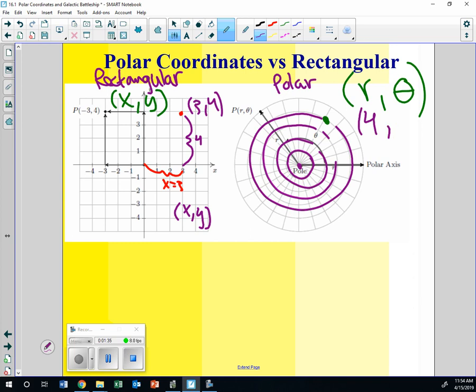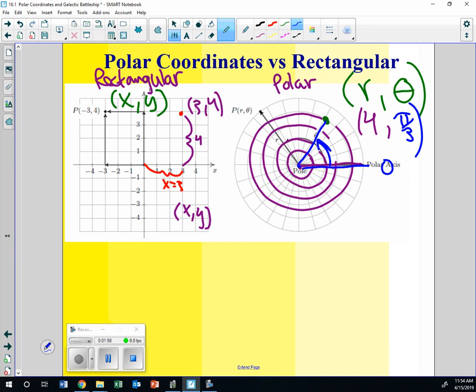And then for the angle theta, we start at 0, our old unit circle 0 reference angle, and then we go up to whatever this is. This is about pi over 3. And there's our point, 4 comma pi over 3.